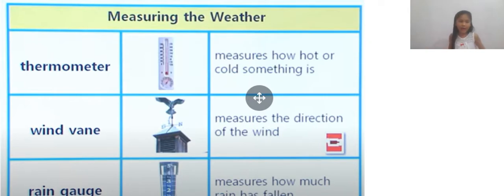So how can I find a thermometer at my house? Like when you're sick, your mother will test the temperature of your body by taking out a special thermometer, not like those kinds of thermometers.